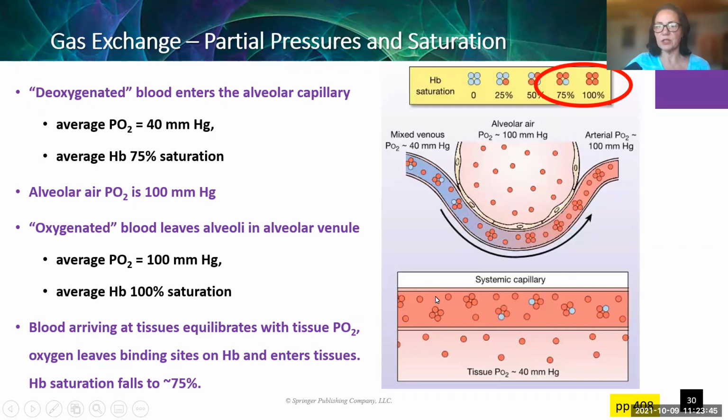Lots and lots of the hemoglobins have all 4 of the spots taken with oxygen. And the tissue has a low amount of oxygen, low oxygen concentration, if you will. And so some of that oxygen diffuses off of the hemoglobin and into the tissue. And so that's how we end up with the so-called deoxygenated blood working its way back to the heart.